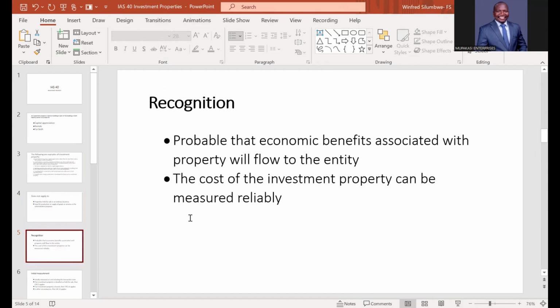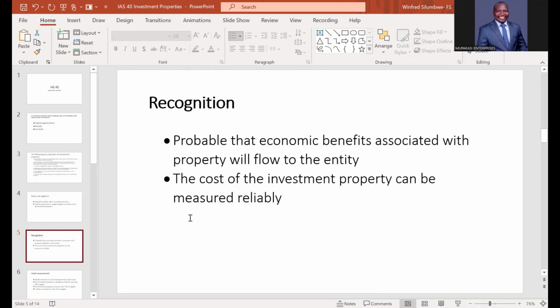Now, how do you recognize an investment property? Number one, you recognize an investment property if it is probable that the economic benefit associated with the asset will flow to the entity, meaning you are very sure that the company will benefit. There are some funds that will come to the company from this building, then you recognize it. You don't just pick any building that is not useful, where it is not probable that the company will gain something.